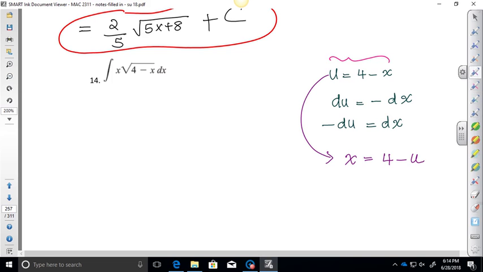Now let's change everything into u. Integral. What's x? 4 minus u. What is the square root of 4 minus x? Square root of u. What is dx? Negative du. So that is a little bit different problem, because of that x. So it's 4 minus u, square root of u, times negative du.